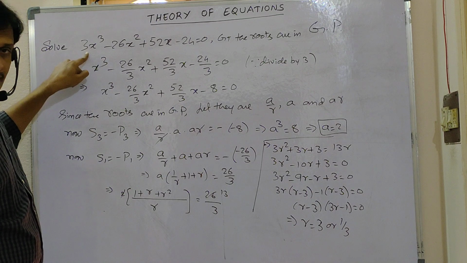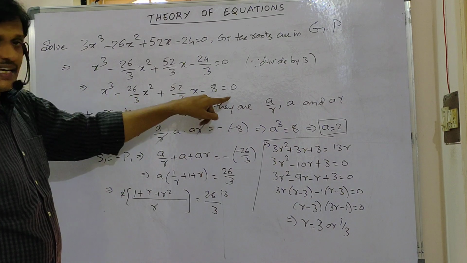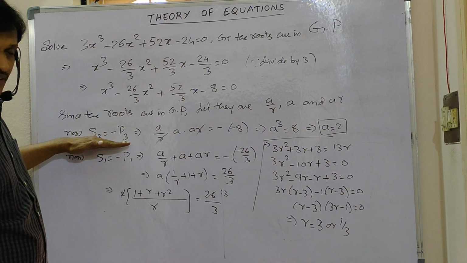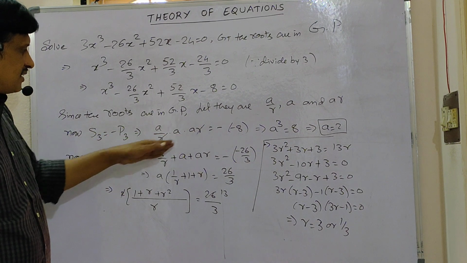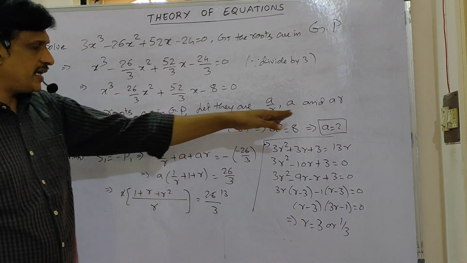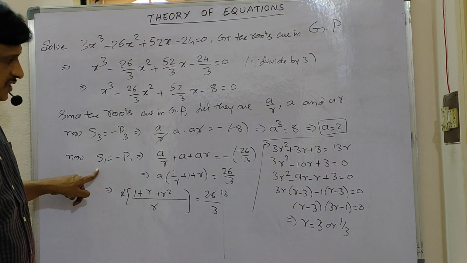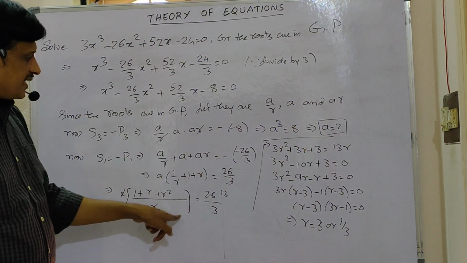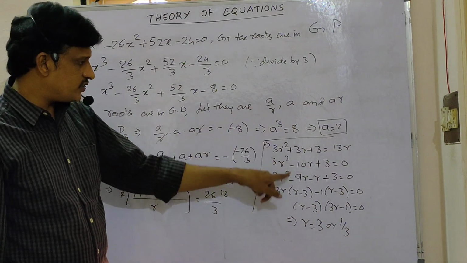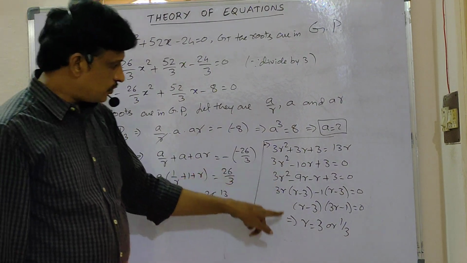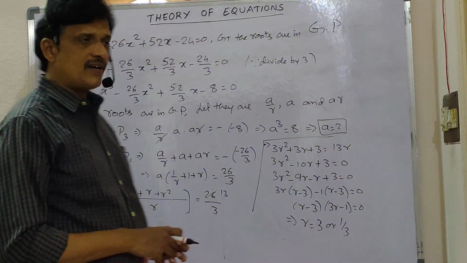So divide the whole equation by 3. Then you will get like this. Write S3 first, then r into 1 by r, these two get cancelled. The value of a cube, hence the value of a you are getting here. Then write S1 equal to minus P1. That gives, if you substitute a value, a quadratic equation in R, whose roots you can find: r is equal to 3 or 1 by 3.